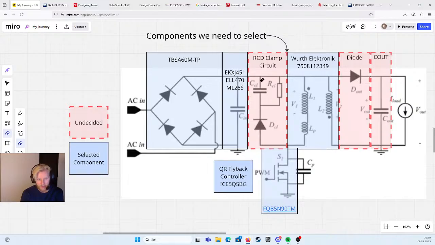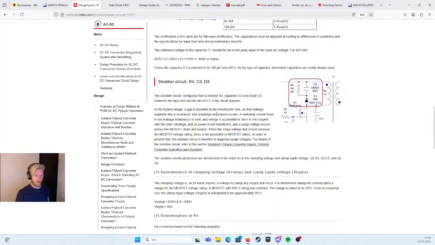And you still need a capacitor that handles that voltage rating. Yes, let's look into it. Okay, but that's what we're doing now. RCD clamp circuit. Let's look at the guideline for it.